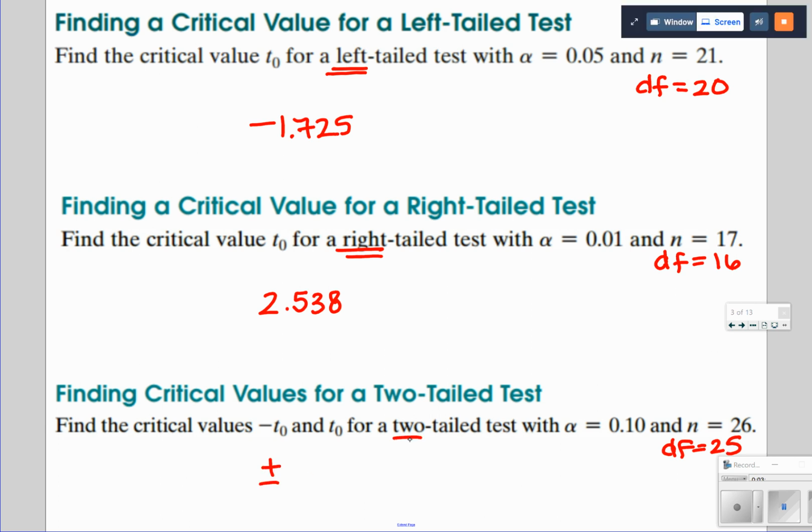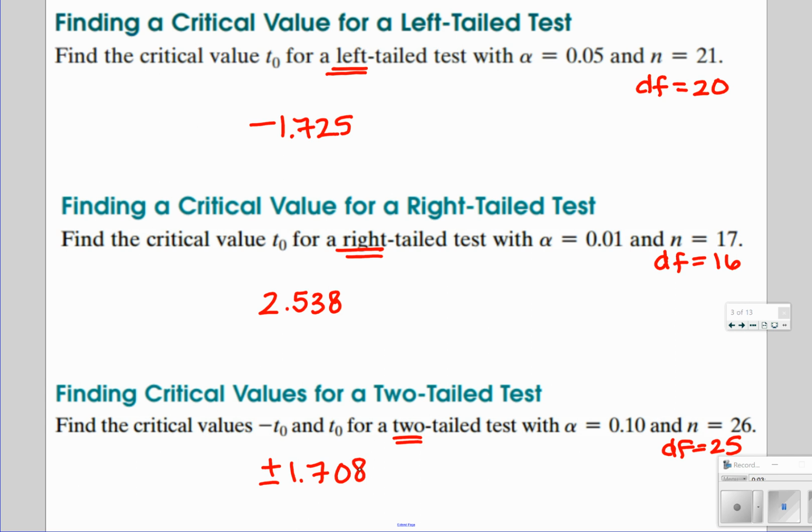And if it's a two-tail test, we put a plus or minus in front of it. Okay? So those are what start our rejection regions when we were drawing those with our hypothesis testing. So that's going to create those shaded areas that we can choose to reject or not reject with.